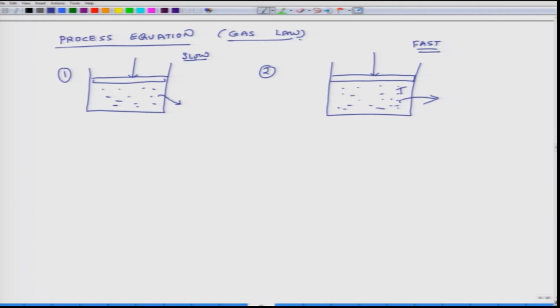So here, because the process was very slow, it was an isothermal process, and here, because the process is very fast, it is an adiabatic process. Heat is unable to escape to the outside; it does not have time. It takes time for things to move, and heat actually travels very slowly.